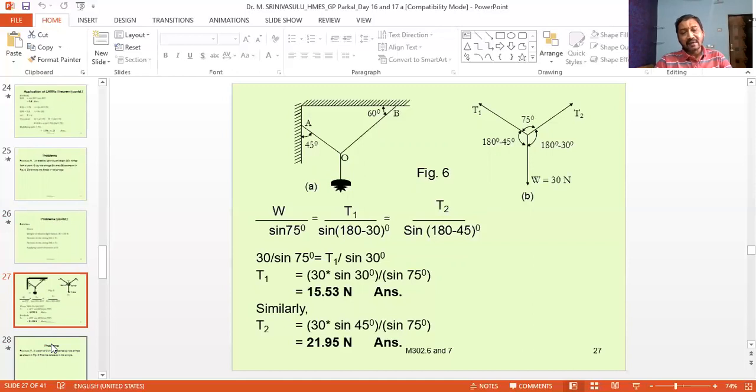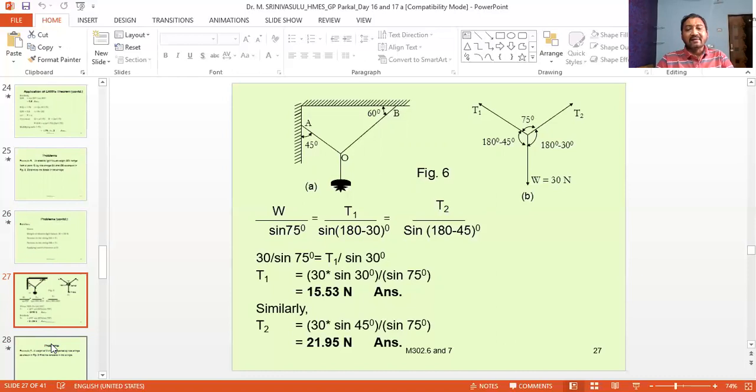To apply Lami's theorem, we should first know the angle between the first and second force, second and third force, and first and third force. So the angle between the forces is needed. To find the angle between the forces, we should make use of the geometry of the given figure with the angles.